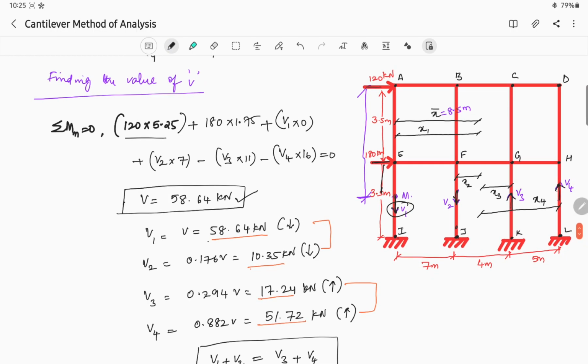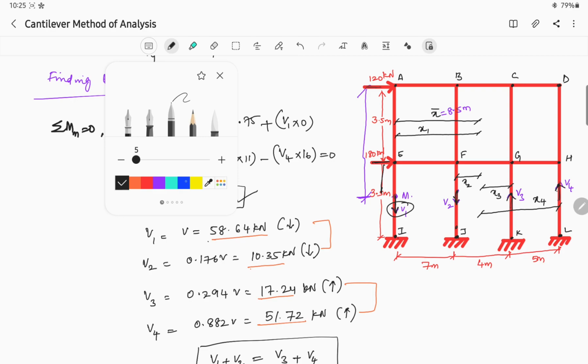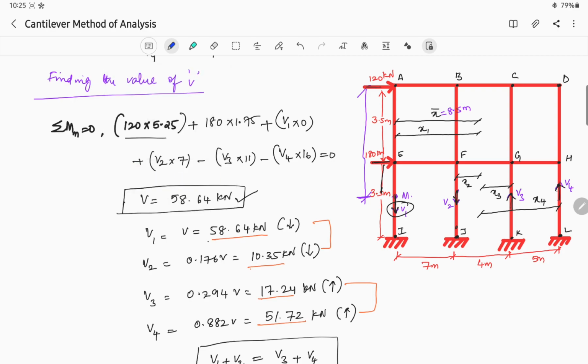So for story 2, we must apply the same V1, V2, but please observe carefully that I am applying V1 dash here. On the ground floor or first story, I have applied V1, whereas on the second story, I am applying V1 dash.